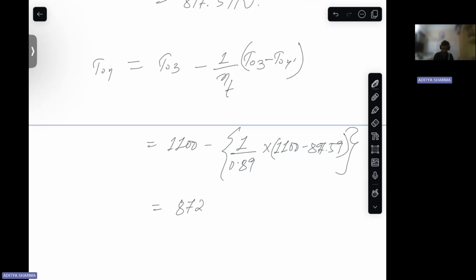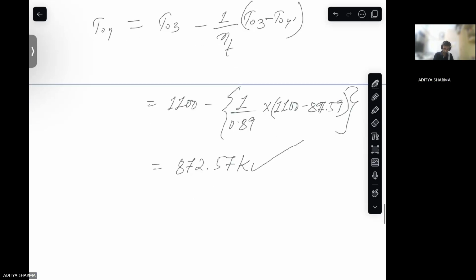So if you calculate this, this will come out to be this much. Okay. Then we have now T naught 4.